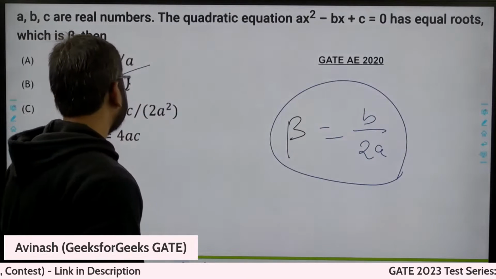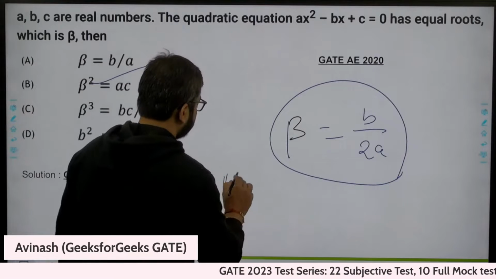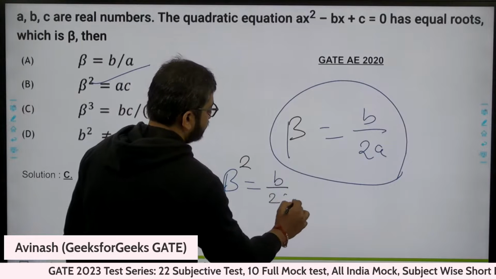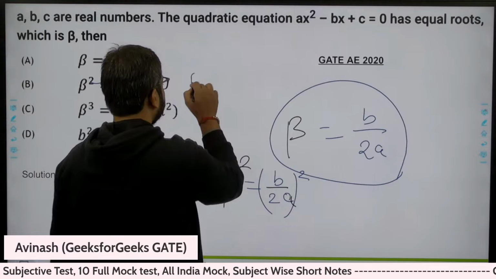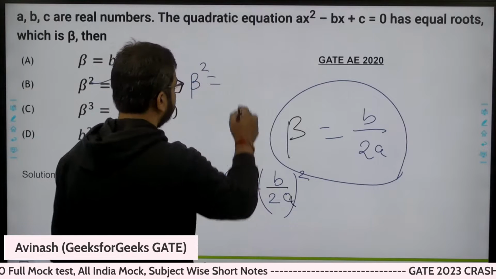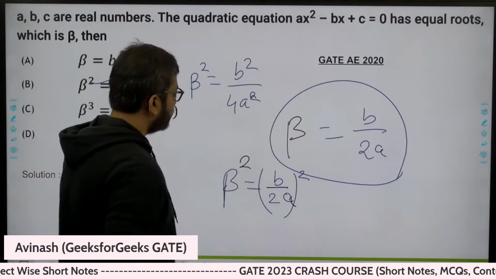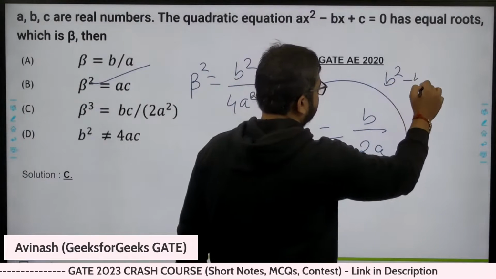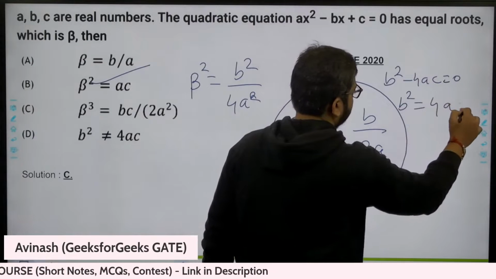As per the second one, it's saying beta square is equal to AC. If I square this, beta square is equal to B by 2A whole square. So beta square is equal to B square upon 4A square. And in the previous section, we have learned b square minus 4ac is equal to 0, so b square is equal to 4ac.